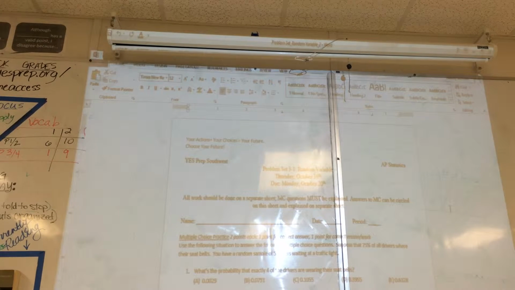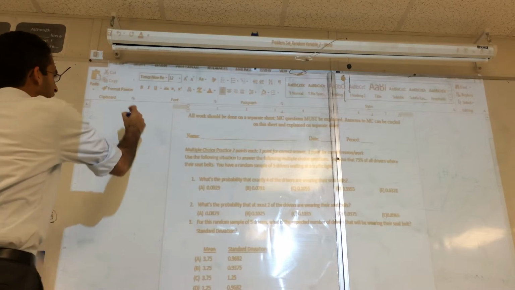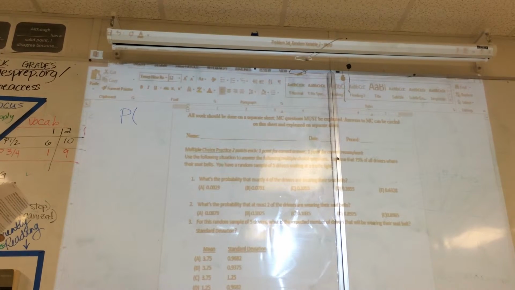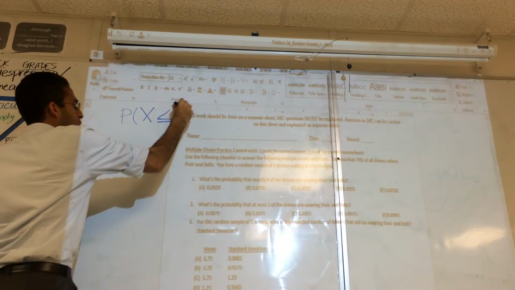Question 2 says, and please note this, guys, because this is a common mistake, it's going to come up on the test on Friday, on number 2. It says, what is the probability that at most 2 drivers are wearing seatbelts? So the probability that X is less than or equal to 2.